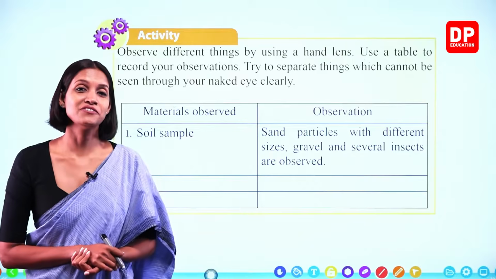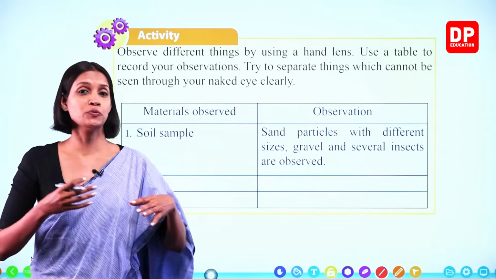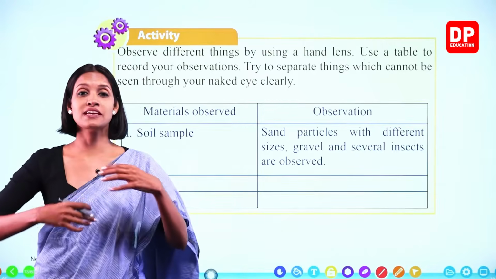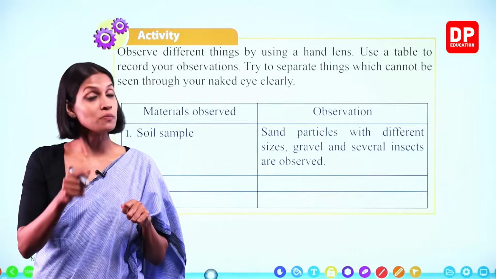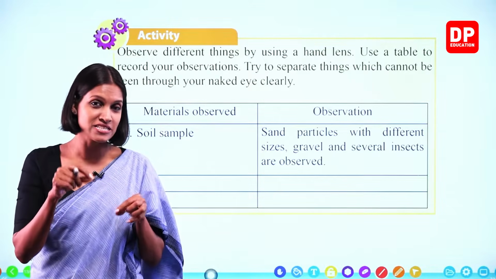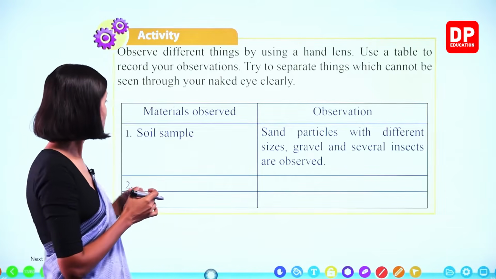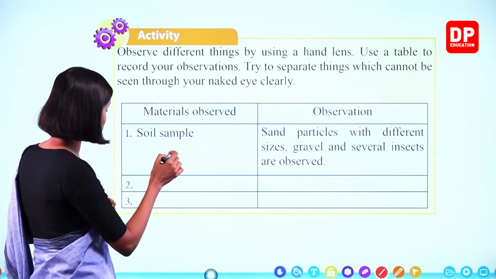Right, children? So we observed different types of samples and we could identify. Now most of those samples, they were mixed together and we could clearly see under the hand lens what are the particles present in each sample. Materials observed. We'll write what were the samples used by us.